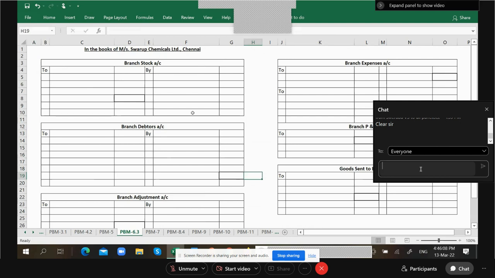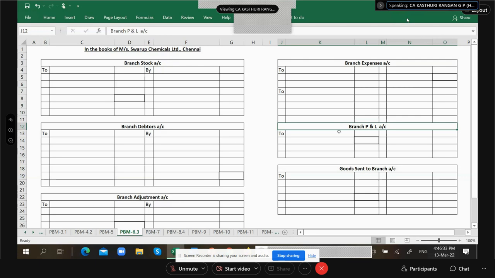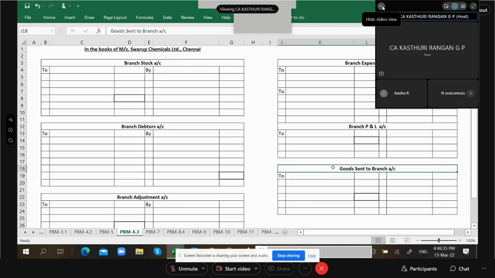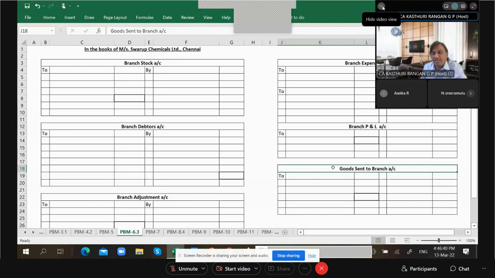So what are the accounts you are going to open, friends? These are the accounts you are going to open in the books of Swaroop Chemicals Limited, Chennai. We have to prepare branch stock account, branch debtors account, branch adjustment account, branch expense account, branch P&L account. I have also prepared GSB account. Though it is not mandatory, you can prepare that.